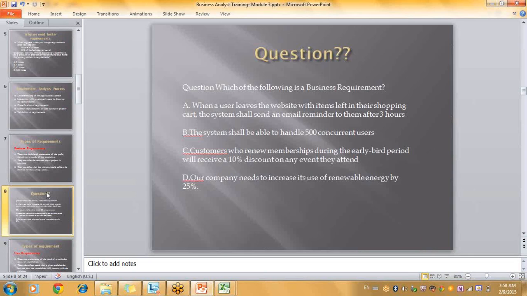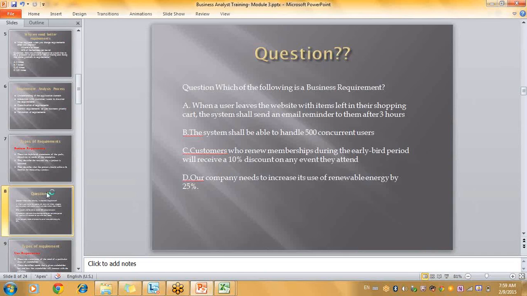Couldn't all of those be business requirements? They're high level? Are you sure? All of them? Well, at a high level, our company wants to increase its renewable energy by 25%. I would say that would be high level.